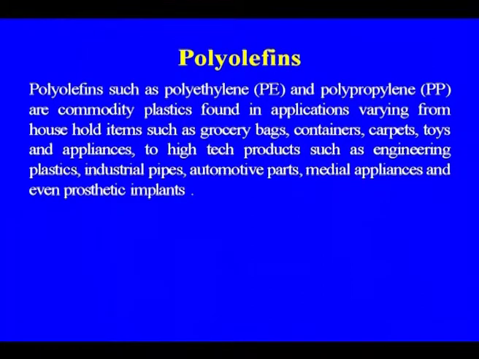Polypropylene in particular finds large application in medical appliances and even prosthetic implants, because now we are talking about artificial parts of the body, so we are using different types of polymers there. Even a large variety of composites is also available.